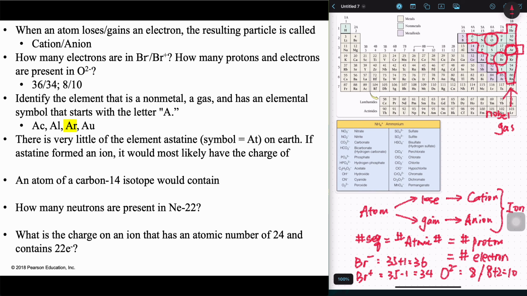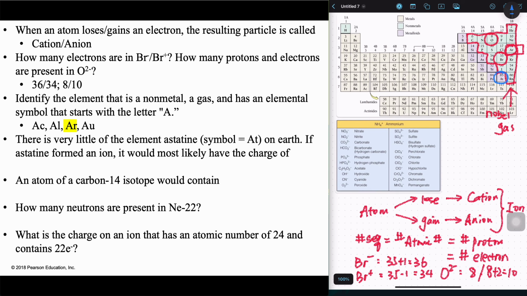The element given must be located in the periodic table. So we just need to go to our periodic table to find out which column this element stays in. Okay, AT, we eventually find the element here, number 85.